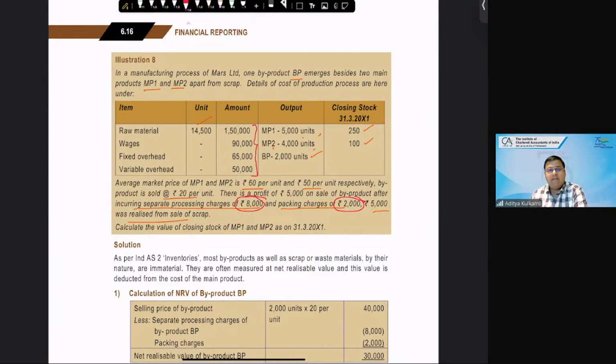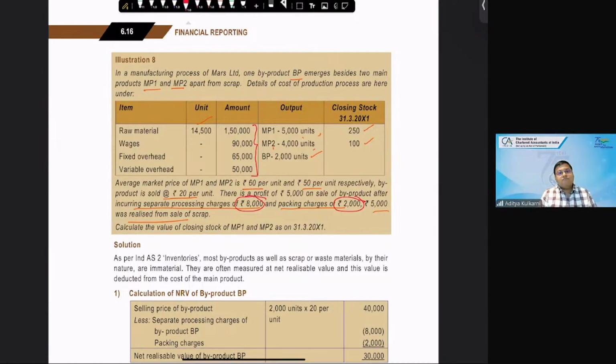That is, have they mentioned as it is material, it has to be treated as a joint product? Have they told anything, or have they only given the sale value of the byproduct? Read the question, have they given anywhere anything about the byproduct being important, material?